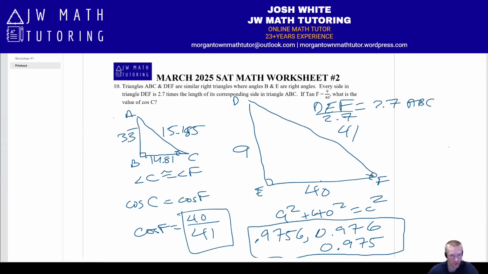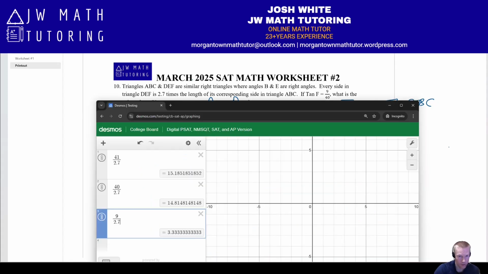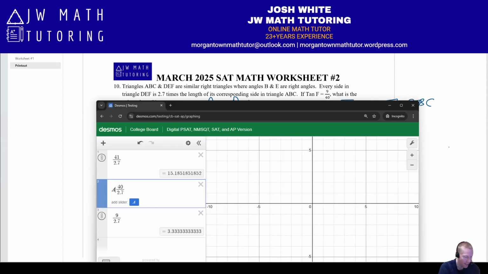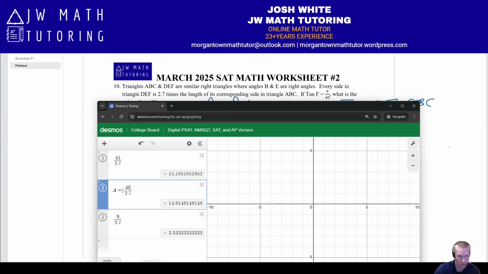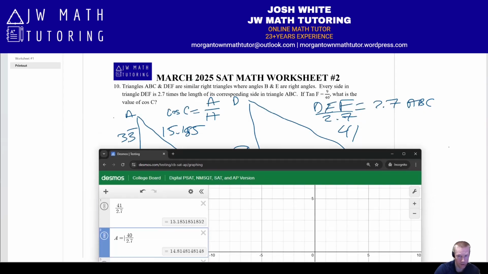So once you have these, then you could say, all right, cosine C equals adjacent over hypotenuse. So notice, the adjacent is the 40 divided by 2.7. So I'm going to call this A, just for the adjacent, and the hypotenuse is the 41 divided by 2.7. So I'm going to call this the hypotenuse.